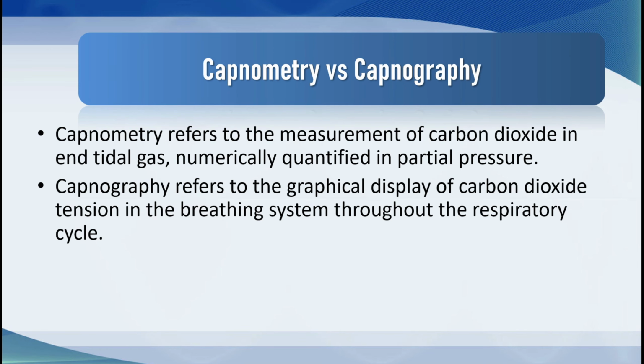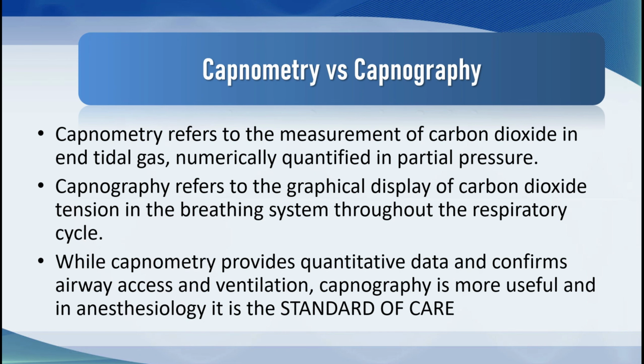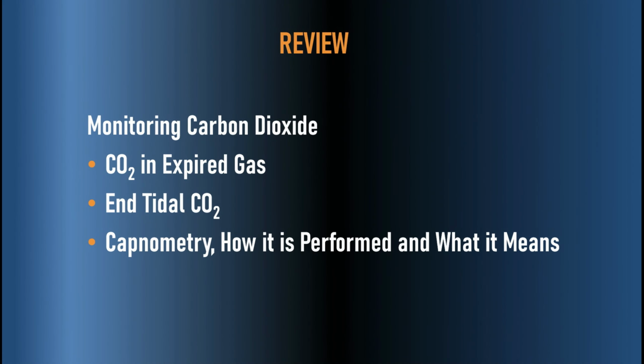Capnography refers to the graphical display of carbon dioxide tension in the breathing system throughout the respiratory cycle. While capnometry provides quantitative data and confirms airway access and ventilation, capnography is more useful, and in anesthesiology, it is the standard of care. Let's review this tutorial.